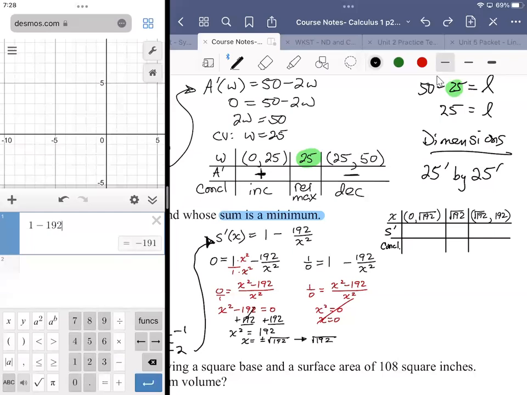But if you put in something like 10, for example, you're going to be looking at something, 192 over 100 is going to be something that's bigger than 1. So 1 minus something bigger than 1 would be negative, but maybe you don't see that. So I'll just do it manually.